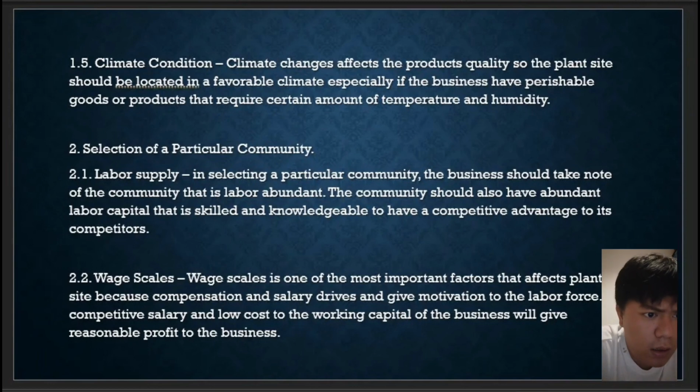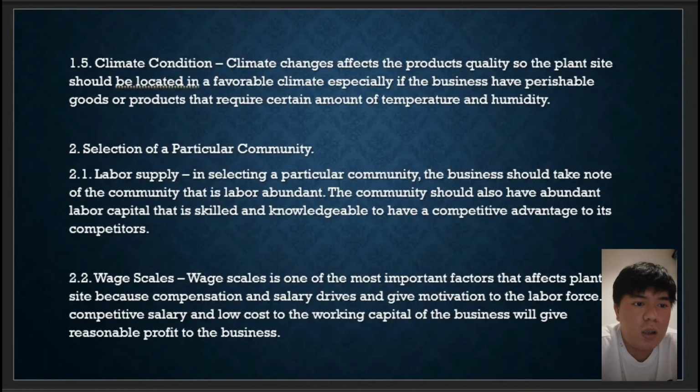The community should also have abundant labor capital. This is skilled and knowledgeable to have a competitive advantage over its competitors. So 2.2, wage scale.